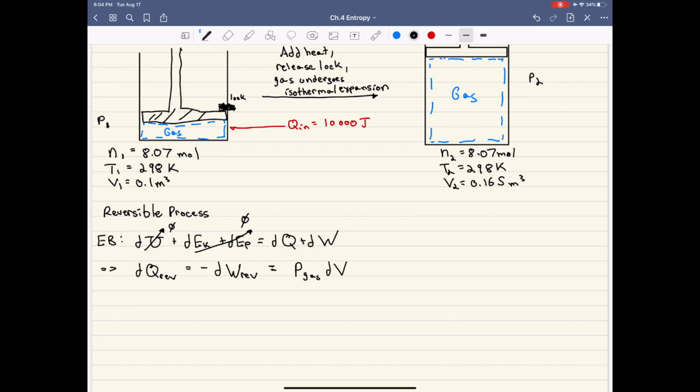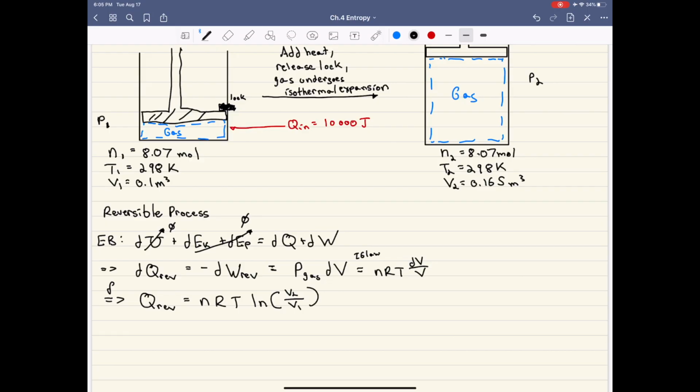If we apply the ideal gas law, then we have this equation. And if we integrate, what we get is that the Q reverse is equal to nRT ln of V2 over V1.